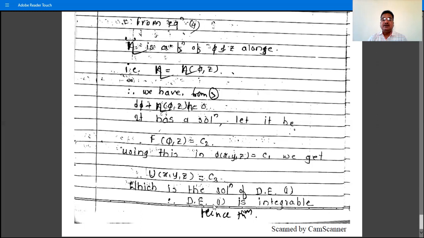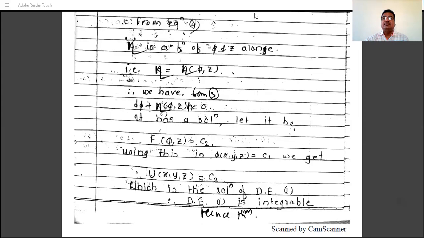So this is the second part, that if x̄ · curl x̄ is 0, then the Pfaffian differential equation x̄ · dr̄ equal to 0 is integrable. So this is the important theorem on the Pfaffian differential equation. We'll start the next chapter in the next lecture.